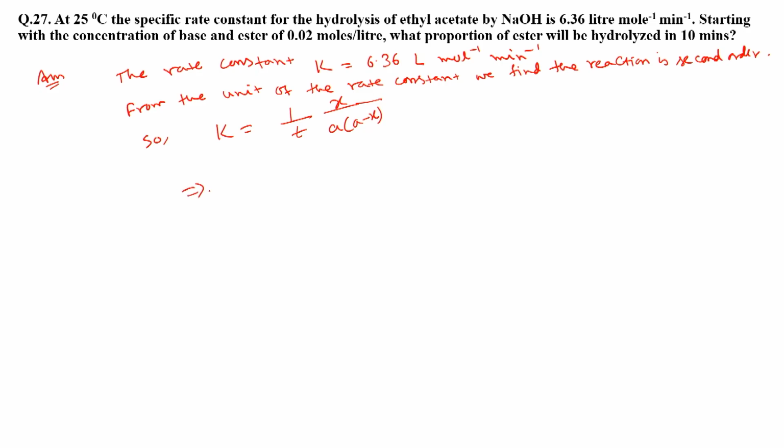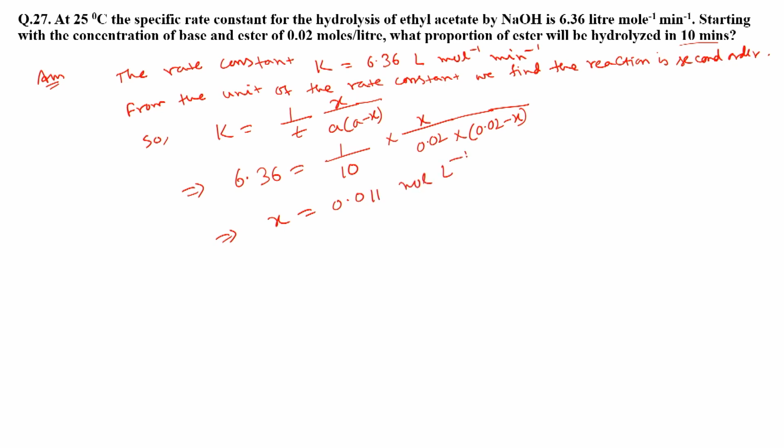So, if we substitute the values now, 6.36 is 1 by 10, because we need to calculate the proportion of ester hydrolyzed in 10 minutes, times x by 0.02 times 0.02 minus x. So we get the value of x as 0.011 moles per liter.